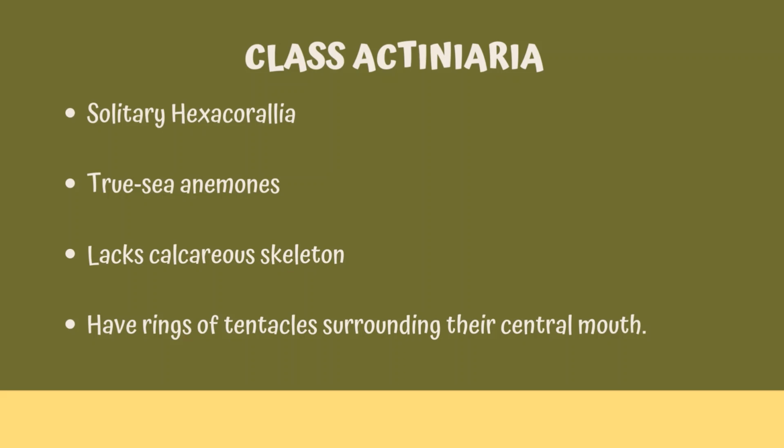Now we have another class called the order Actiniaria. It contains the true sea anemones. These are solitary hexacorals, which never possess a calcareous skeleton. Their base is rounded or forms an adherent disc with or without basilar muscles.